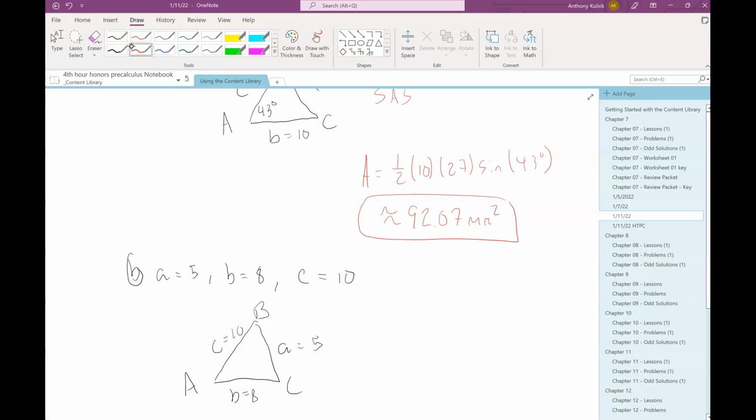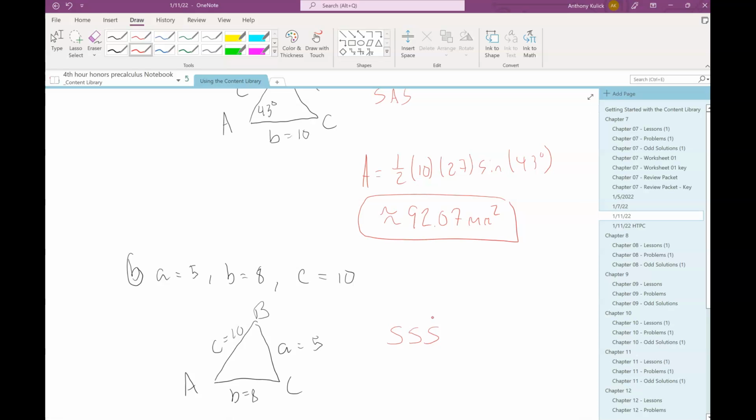What scenario are we in? Side, side, side. So I can dive straight into Heron's formula, right?